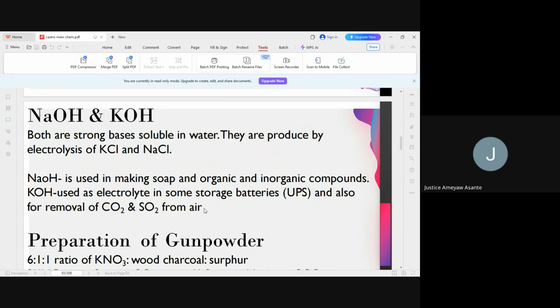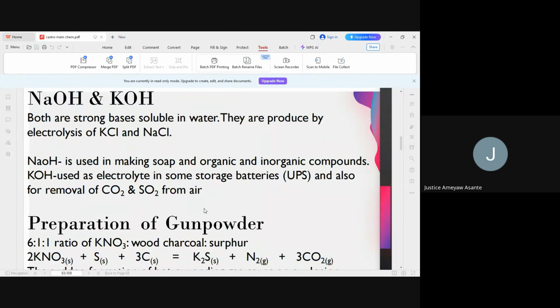So the potassium will be converted to potassium hydroxide, and sodium will be converted to sodium hydroxide. Sodium hydroxide is used in many ways. One of the ways is the preparation of soap. So it's used in making soap and organic and inorganic compounds.